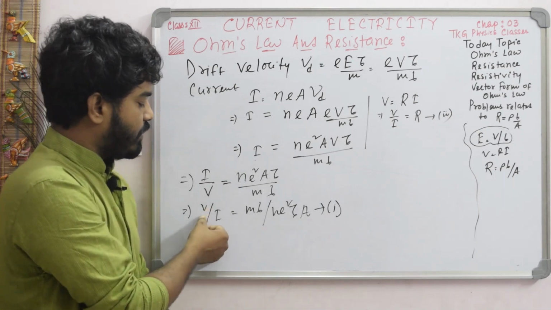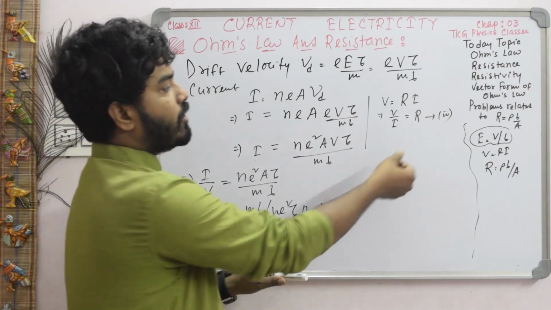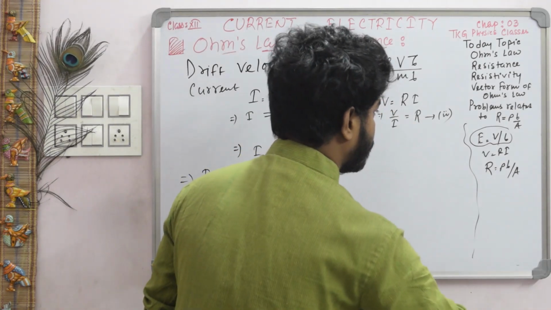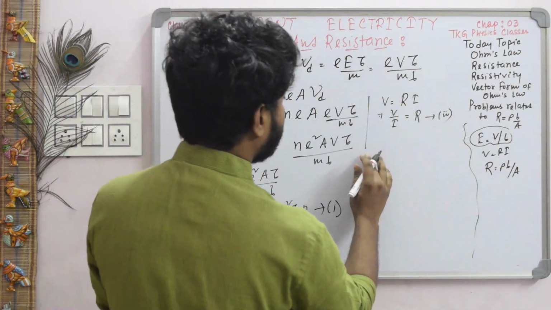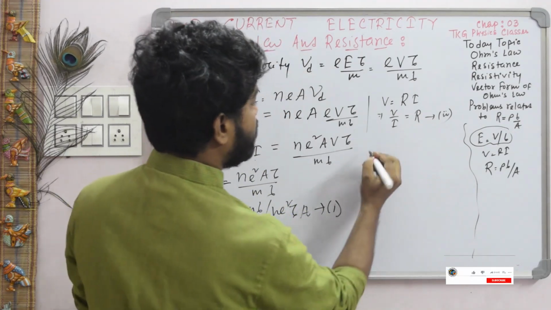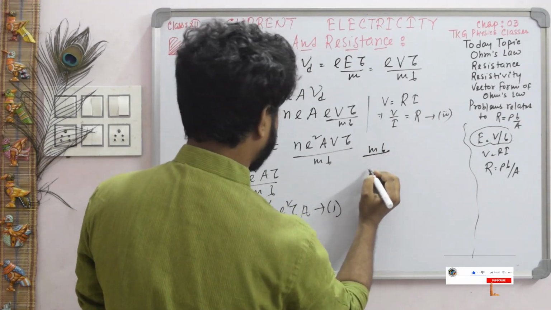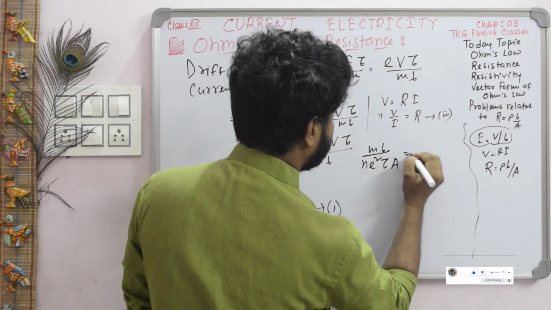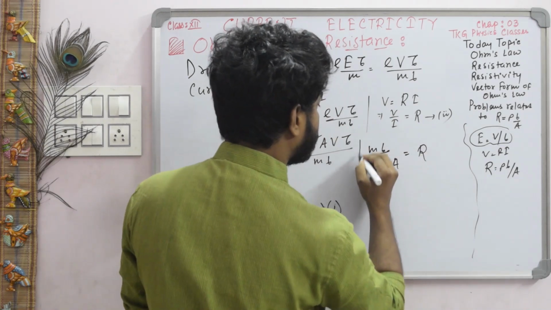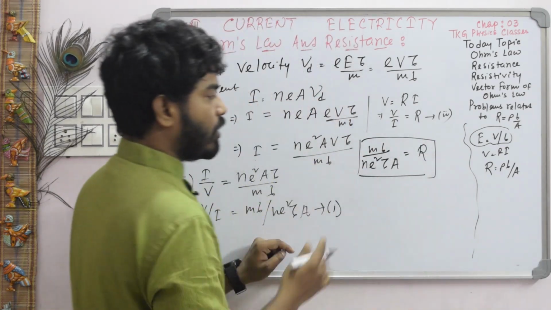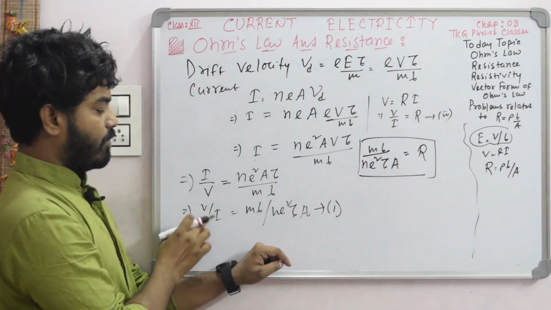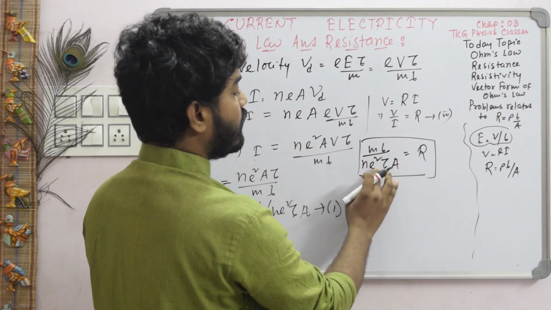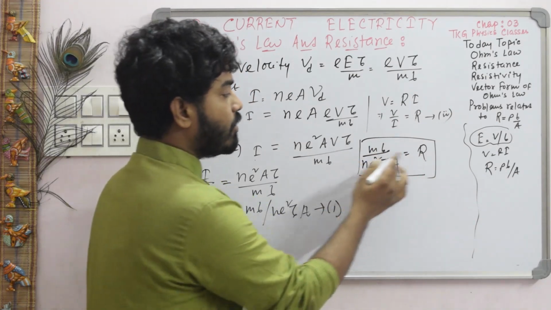Equation 1 represents V by I, and equation 2 represents V by I, that is equal to R. So comparing equation 1 and 2, we can write mL divided by n e square tau A is equal to R, because V by I is equal to R. So R = mL/(n e square tau A). So this is the expression of resistance.